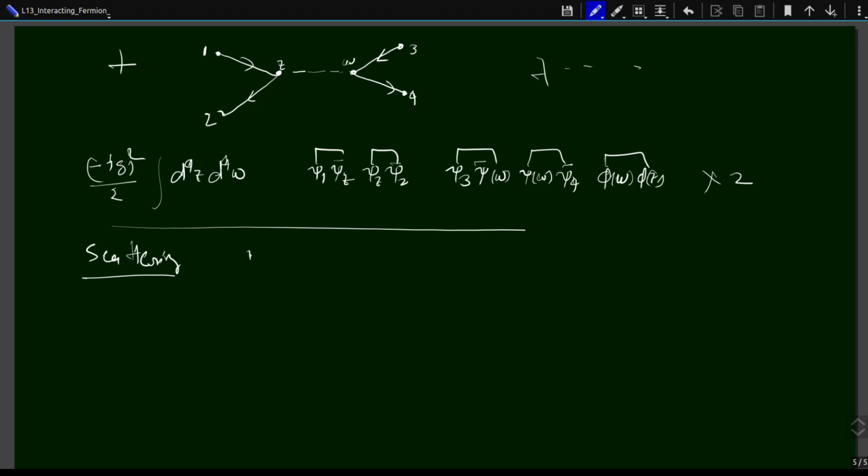Let's say a fermion in the initial state, I'm sorry, so I'm looking at a fermion of momentum P plus a fermion of momentum K going to a fermion of momentum P prime plus a fermion of momentum K prime. This is the initial state and this is the final state.